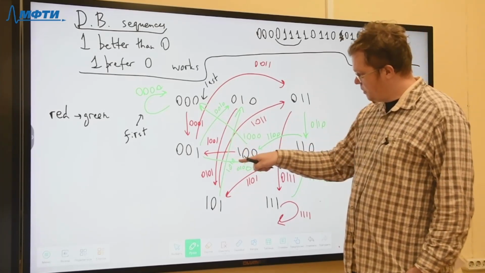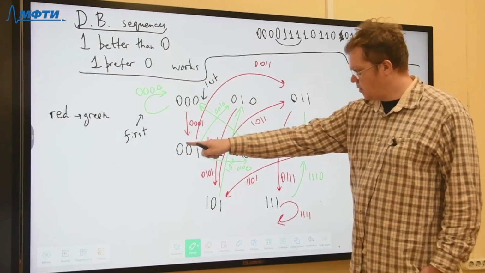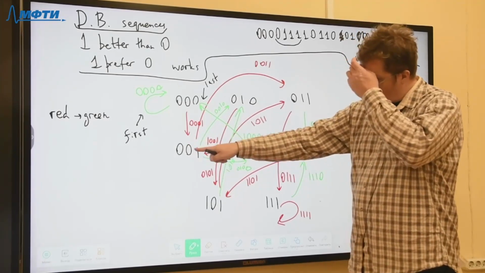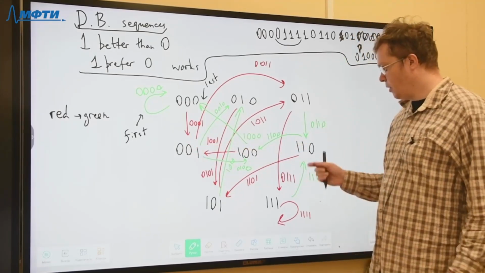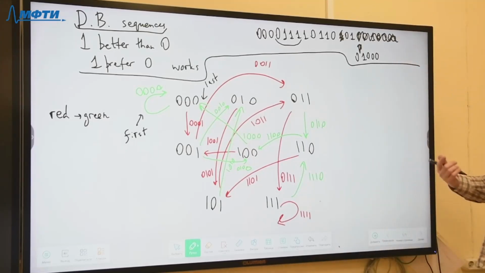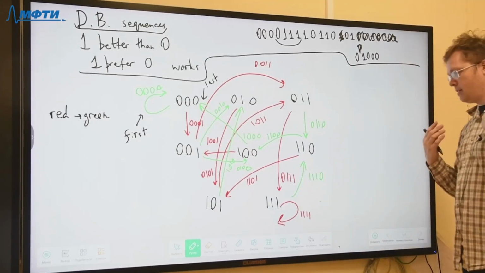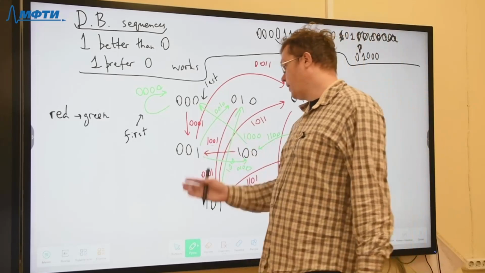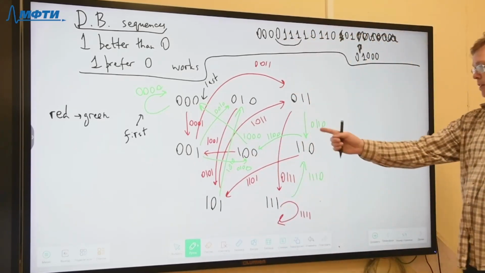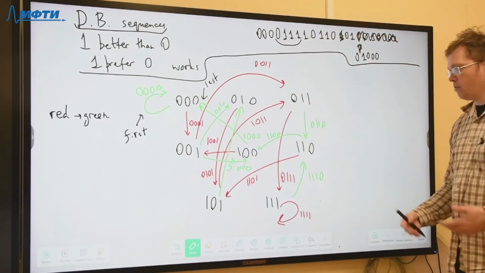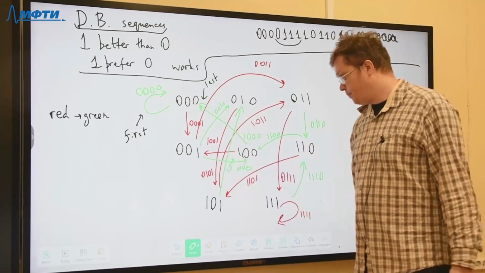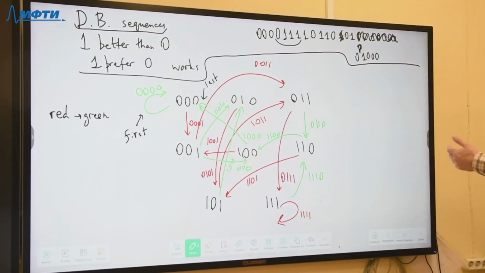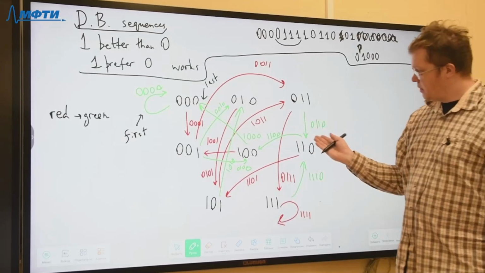And this means that if I use these green edges, the same holds for these two nodes. So if I use the green edge, this means that I meet this vertex twice. So if I use the green edge, I already was here twice. But green edges are forming a tree.